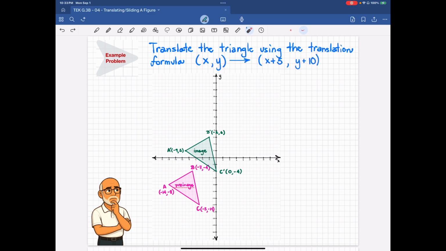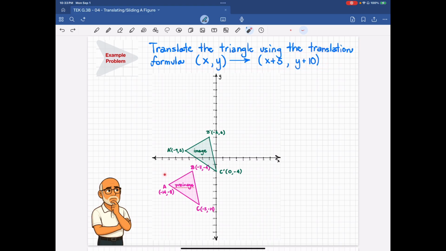So looking at this formula, I immediately know that this plus 5 means that this figure is going to move to the right. I also know that this plus 10 for the y's means that it's going to go up 10. So I am making this figure move over 5 and up 10. Just by looking at the formula, I can tell that.